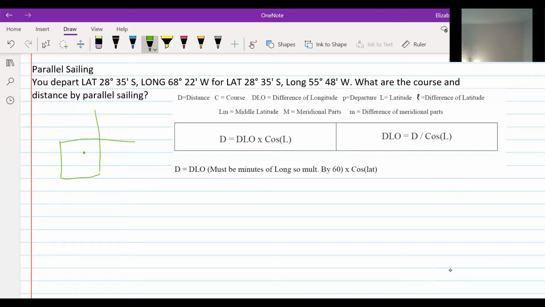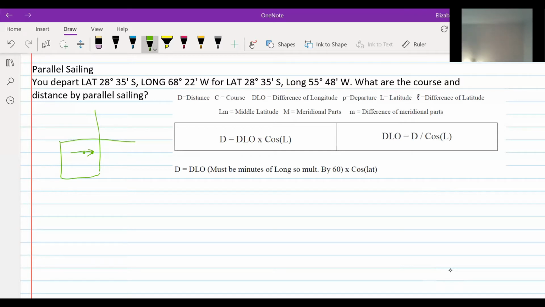Our longitude has become less. So that means our second longitude has to be between our first point and the meridian of 0. So let's put our second point right there. And I like to draw an arrow to see which direction we're going. This just gives me a mental picture.